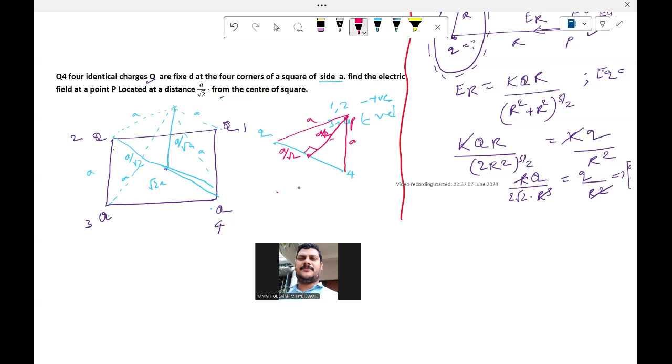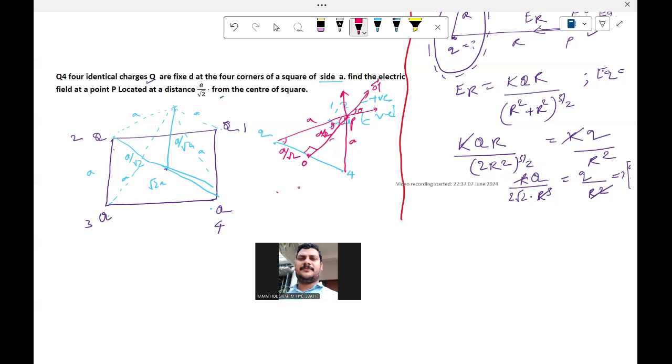Now all are positive charges, therefore the field will be like this, and the field due to this one is like this. The resultant of these two will be like this. It is acting, for example, this is OP, it is acting along the OP direction. Now if you take theta, automatically cos 45 will come, because these sides are equal, a by root 2, a by root 2. So these thetas are also equal, compulsorily a right angle triangle, 45 degrees will come.